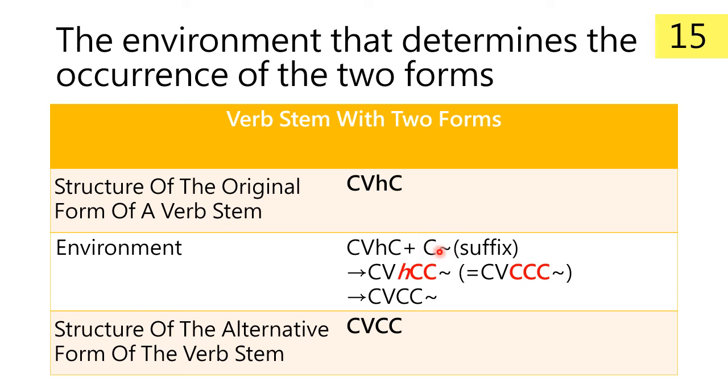The reason is that the suffix that begins with a consonant will cause the formative word to have a sequence of 3 consonants, which would not be accepted in this language. Therefore, the sound H in the verb stem will be deleted to adapt to the environment, and an alternative form is thus generated. It is also the reason why there are 2 forms in this type of verb stem.